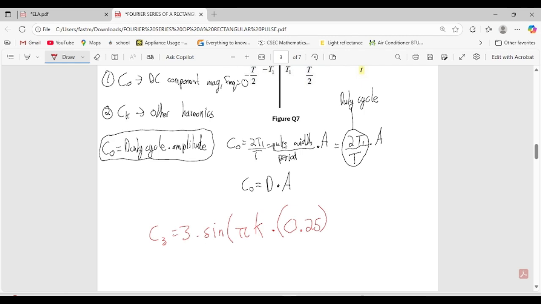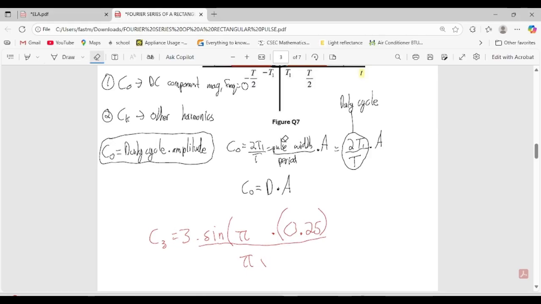And you're dividing it by pi k. So in this case, since k is 3, you just write k as 3. Okay, and then close your brackets up here to keep it neat.